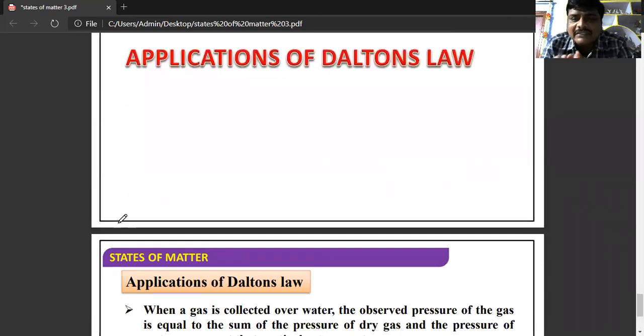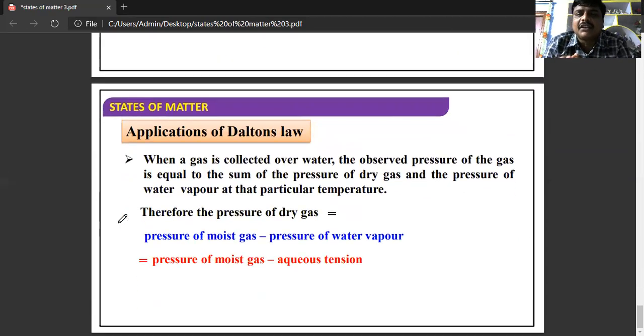Now we'll discuss the applications of Dalton's law, that is, how Dalton's law is useful. When a gas is collected over water, the observed pressure of the gas is equal to the sum of the pressure of the dry gas and the pressure of water vapor. So how do we calculate the pressure of dry gas? The pressure of dry gas is equal to the pressure of moist gas minus the pressure of water vapor.